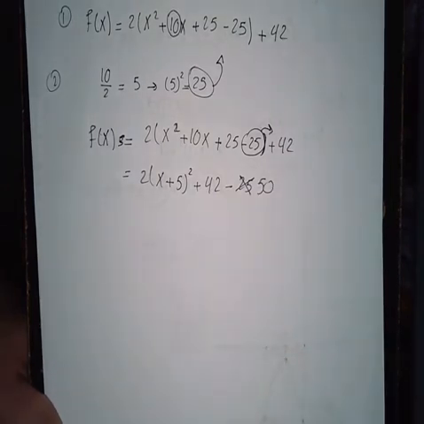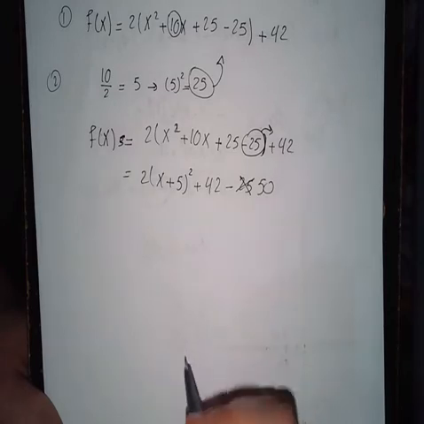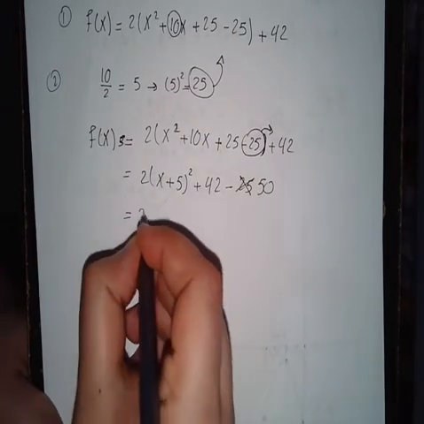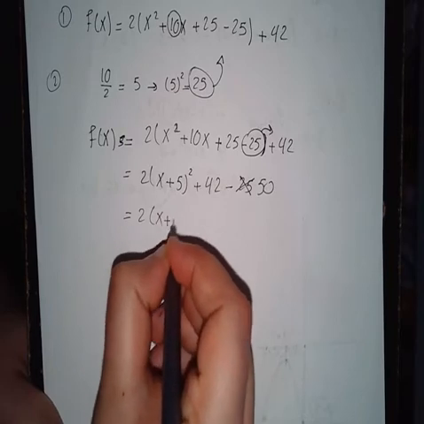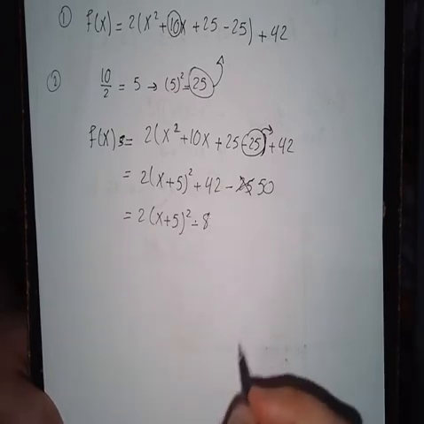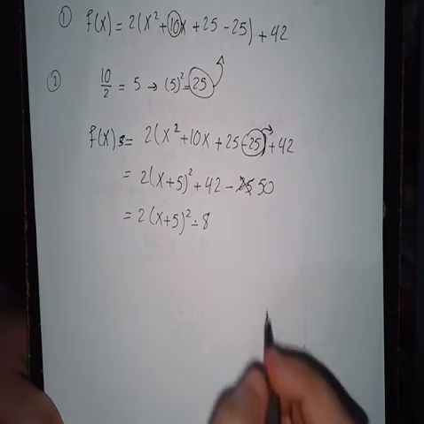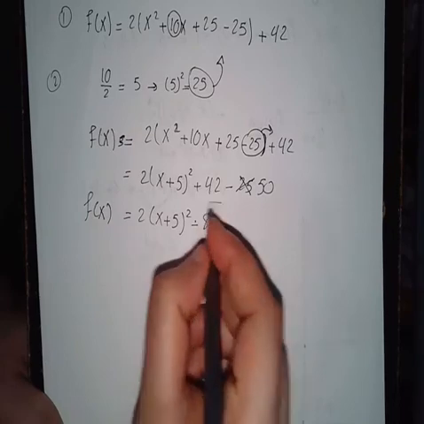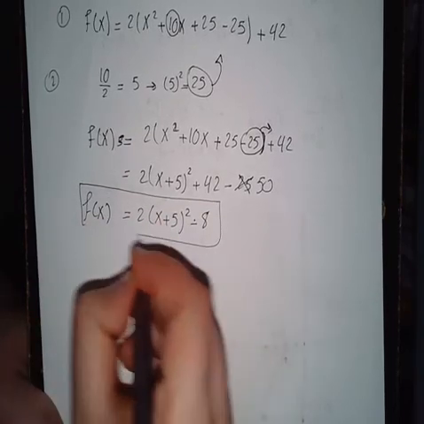It's 2 times that 25, so it's negative 50. And the addition between these two is going to give you negative 8. So it's 2 times x plus 5 squared minus 8. And this is your function in vertex form.